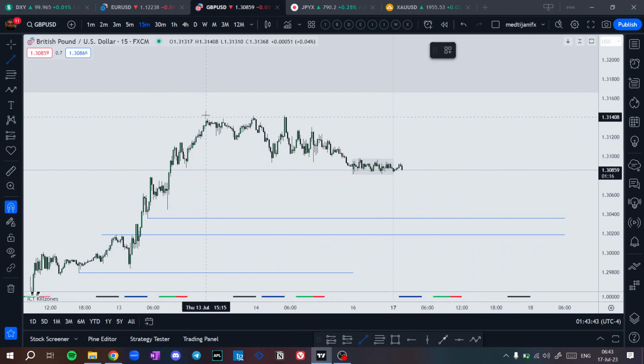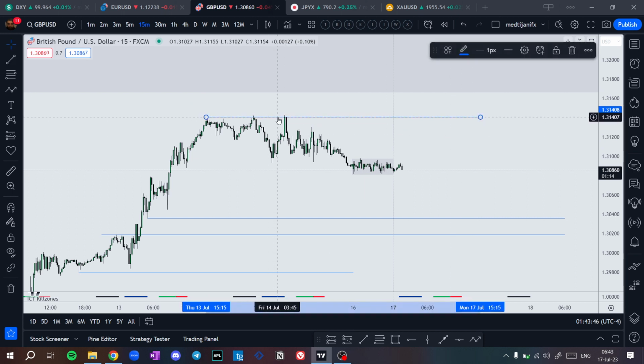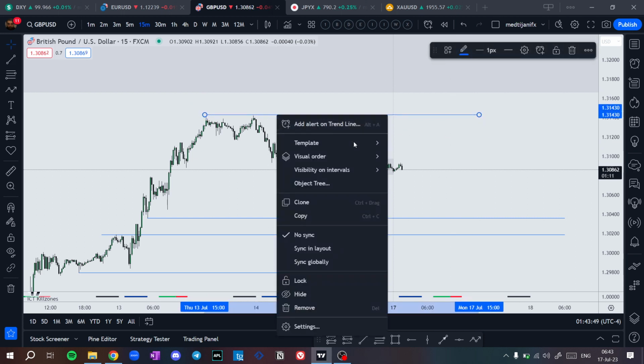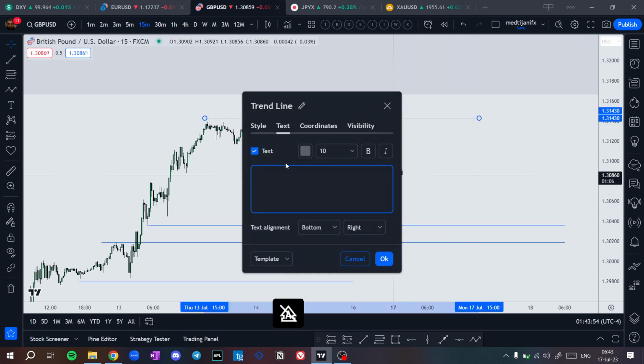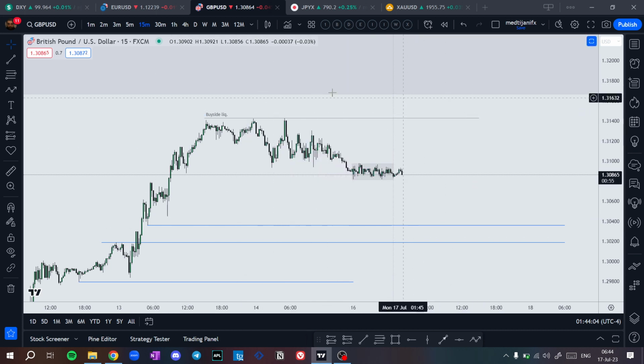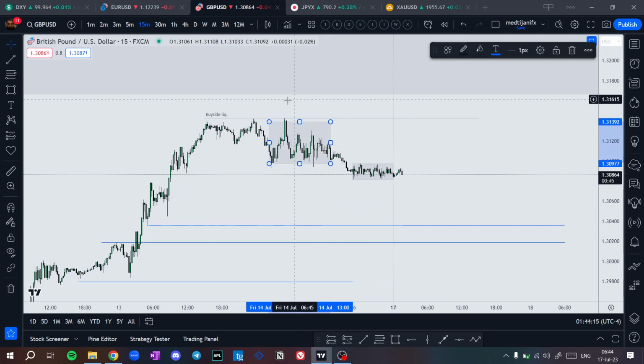We have the buy side liquidity above these highs here. And what we are watching right now, we see that price is creating a market maker sell model of a consolidation.